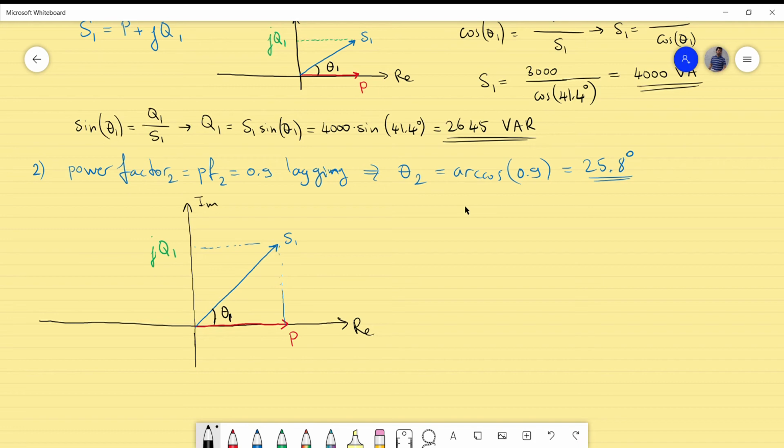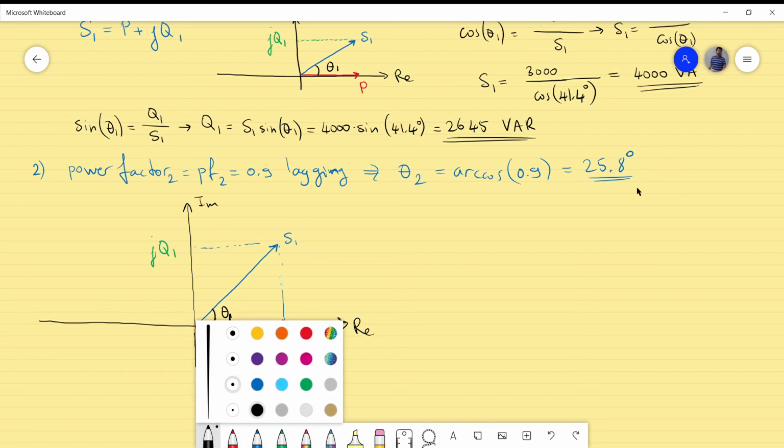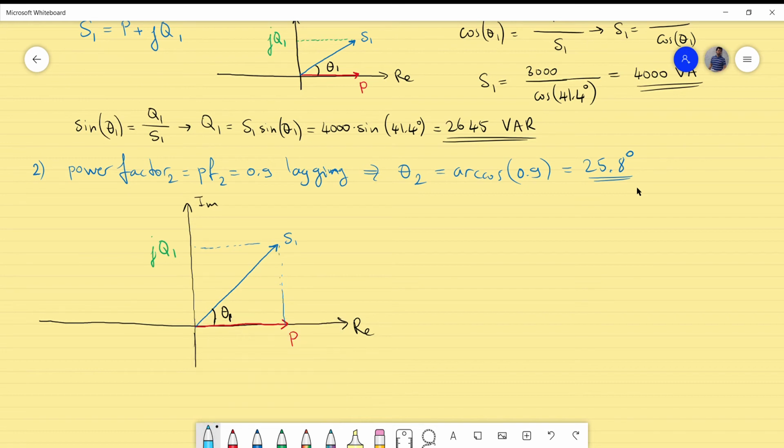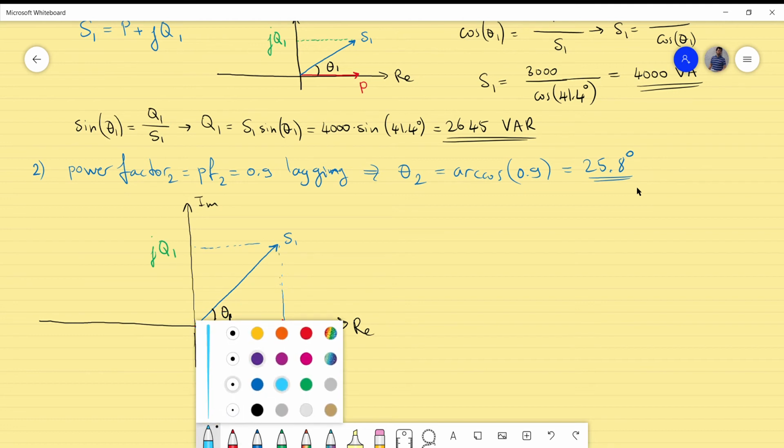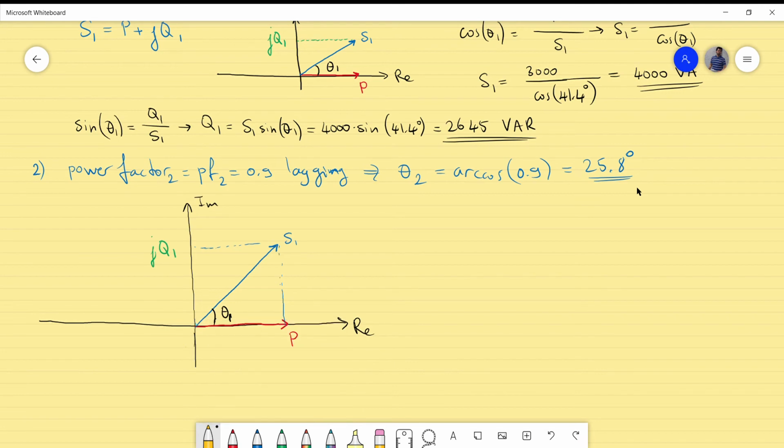That's actually the situation for the first original circuit without the capacitor. Now with the capacitor in place, I would like to bring the theta from 41.4 to 25.8 degrees. So in the new one, I will make the drawing in another color. I will make it in light blue. This is actually S2. Maybe better to choose another color because that's really hard to see, so I make it in yellow.